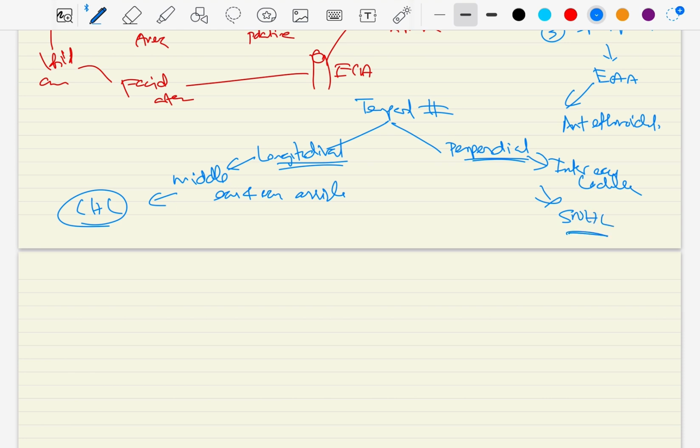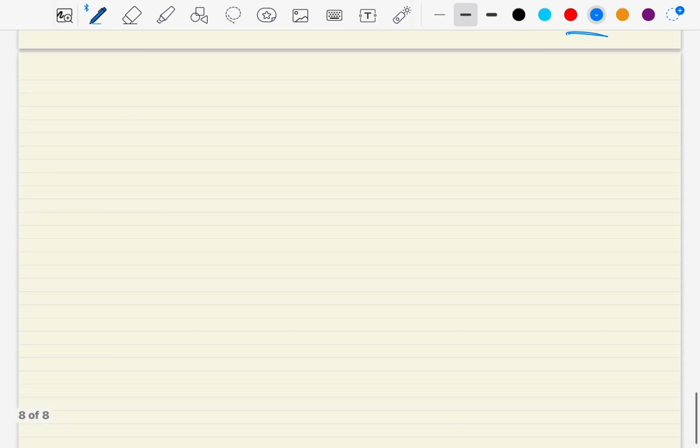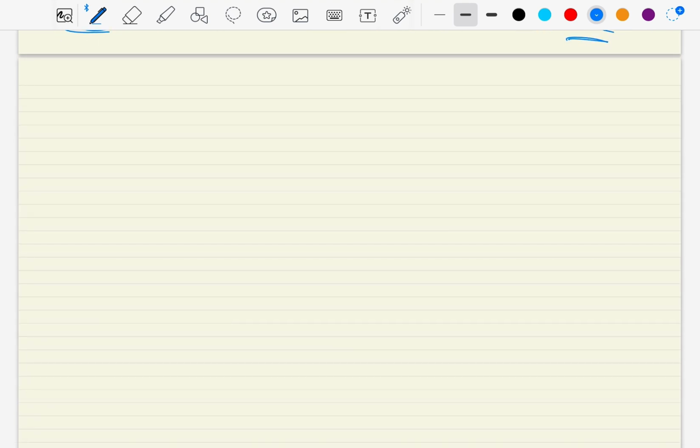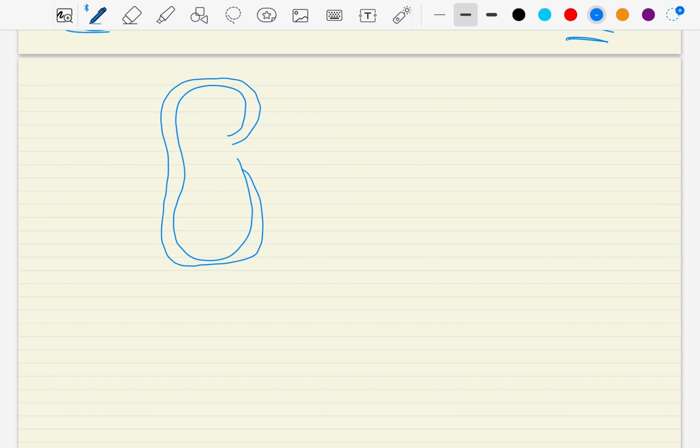The next topic, which is very important, is the external ear nerve supply. Let's draw the external ear. Consider this as your ear. This is your external auditory canal.